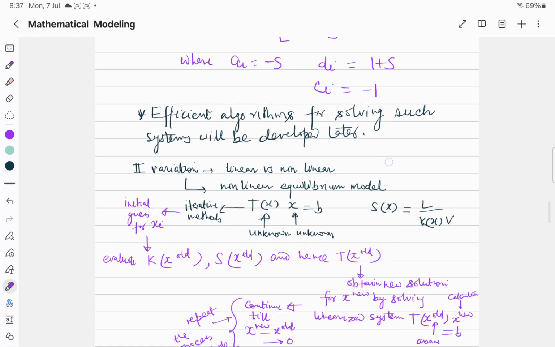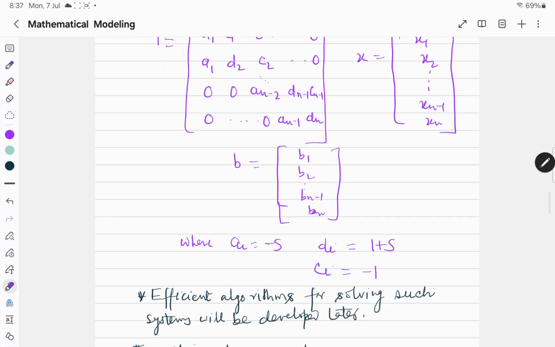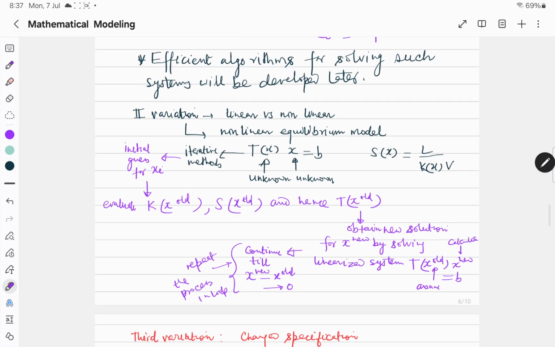Now another variation: suppose T is dependent on s, and so on the composition x. T is a function of x, and x is also unknown, so the product of two unknowns will make this non-linear. So Tx is equal to b, where s is also a function of x, because k becomes a function of x.